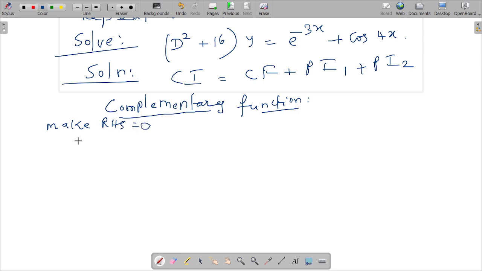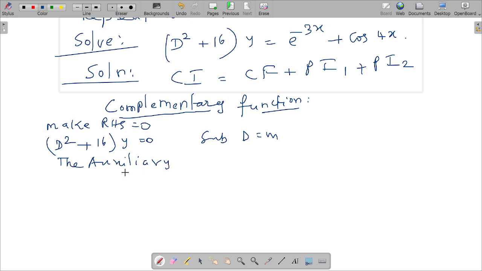If you make the right hand side equal to 0, the equation becomes D square plus 16 into y equal to 0. Then substitute D equal to m. Then the auxiliary equation is, every time no need to write auxiliary equation, you can just write AE. AE is auxiliary equation.